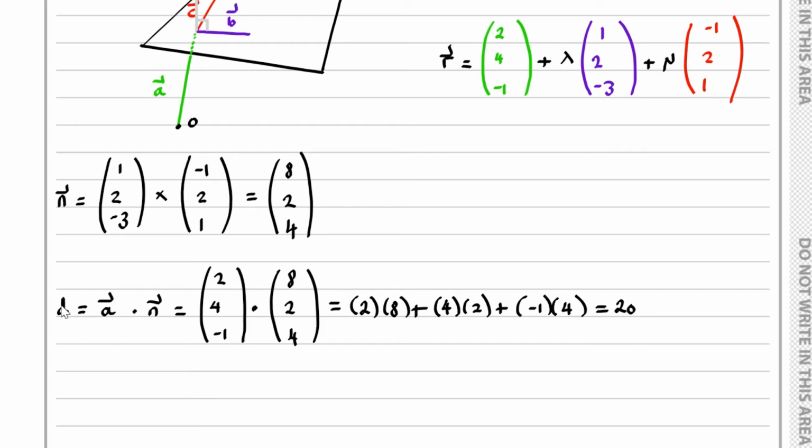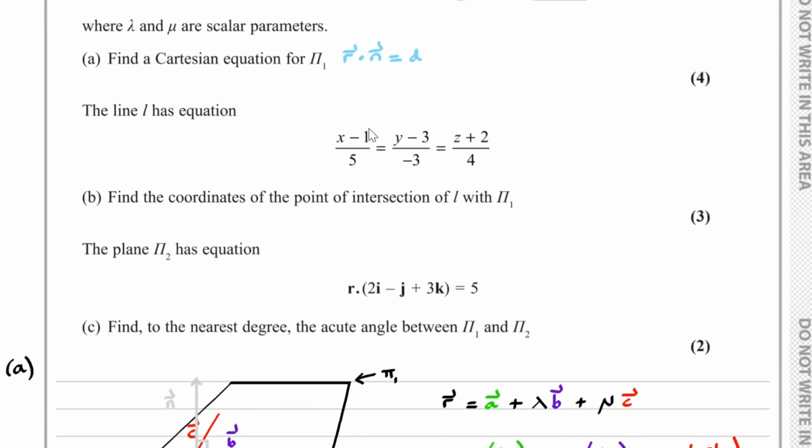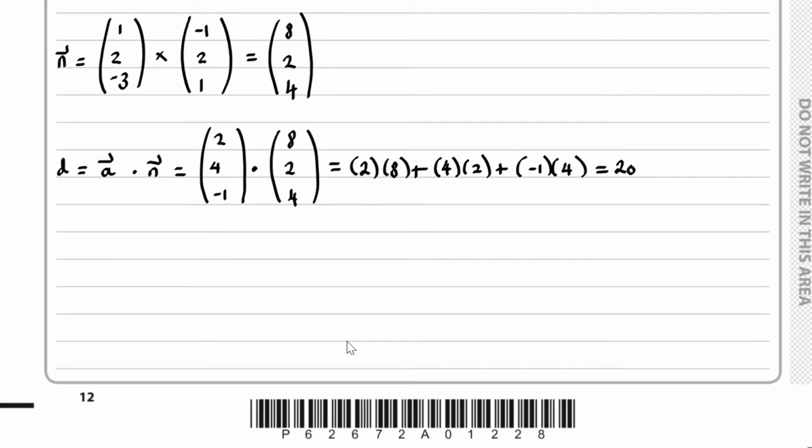And therefore, knowing d, knowing n, we can therefore conclude in column notation, the Cartesian equation, we have x, y, z, so this corresponds to r, dot product with our normal vector 8, 2, 4, and this is equal to d, which is 20.